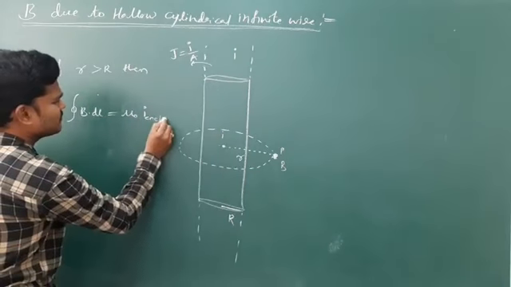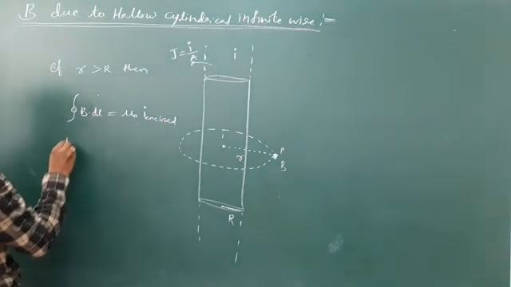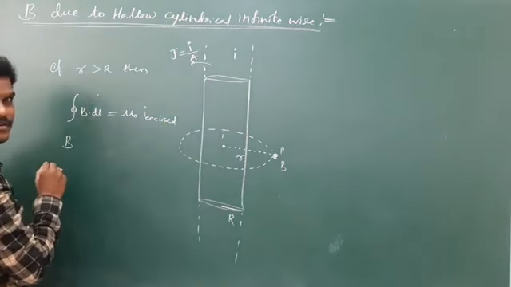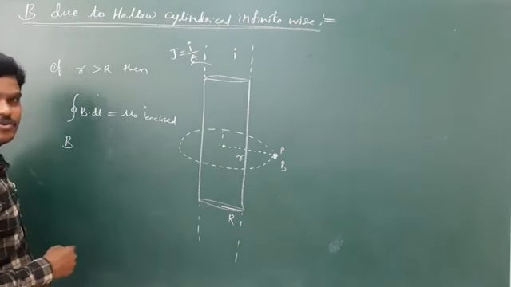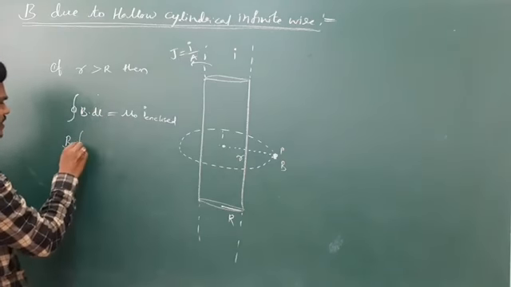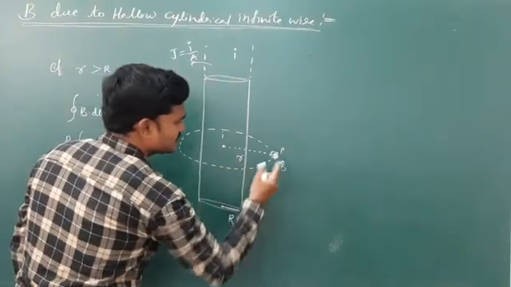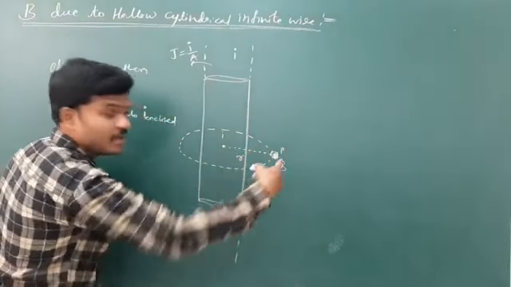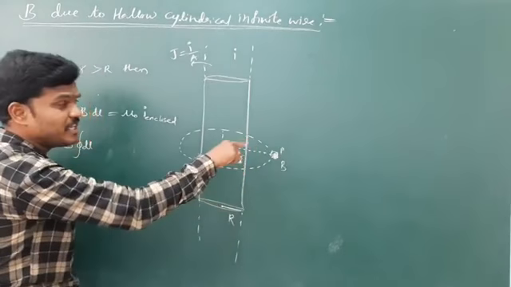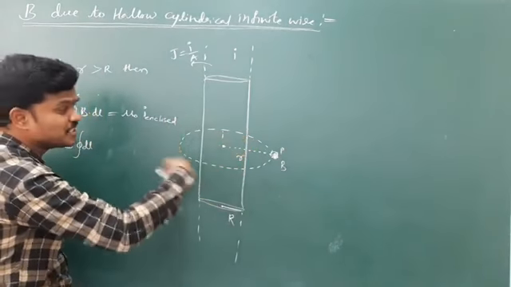So B dl. The angle between B and dl is 0. If we take a small elemental part, dl is into the board, B also into the board, so B and dl are parallel due to symmetry.